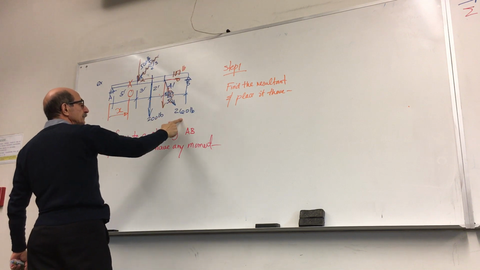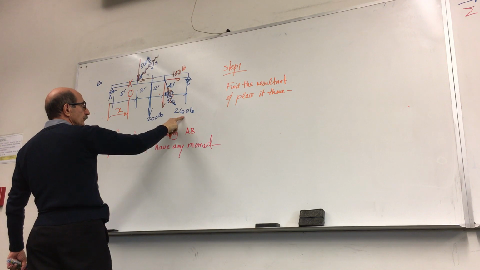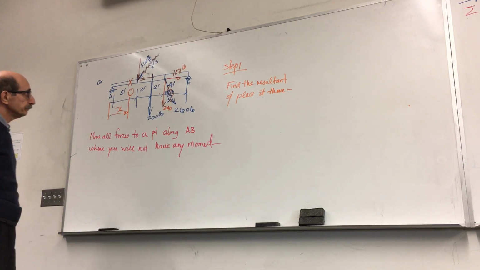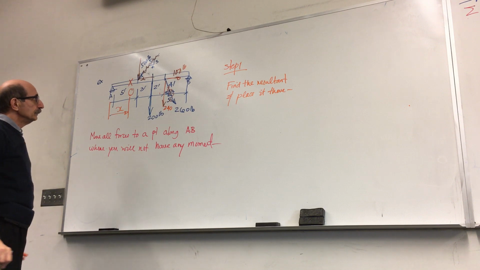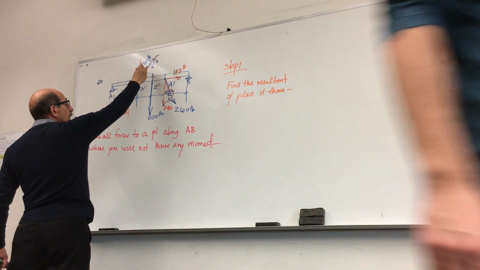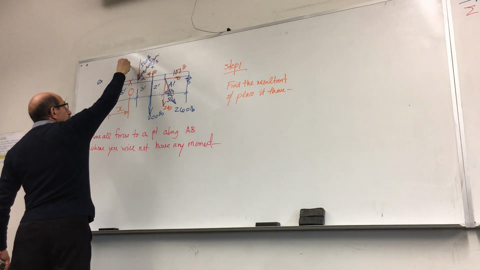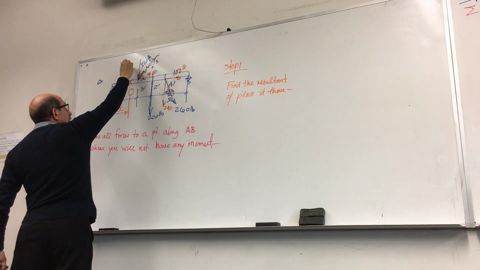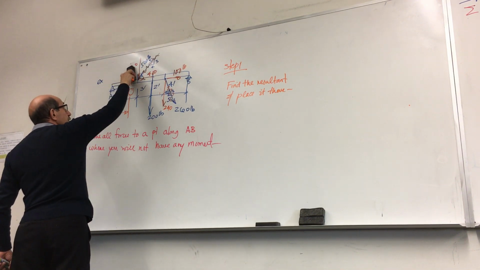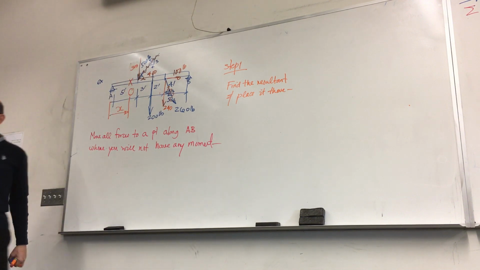This is 12/13 of this, so 12/13 of 260 would be 240 pounds. Okay? So this one is 4/5, so it would be 400. This is 3/5, would be 150, right? Oh, I'm sorry, 300. So these are the components.